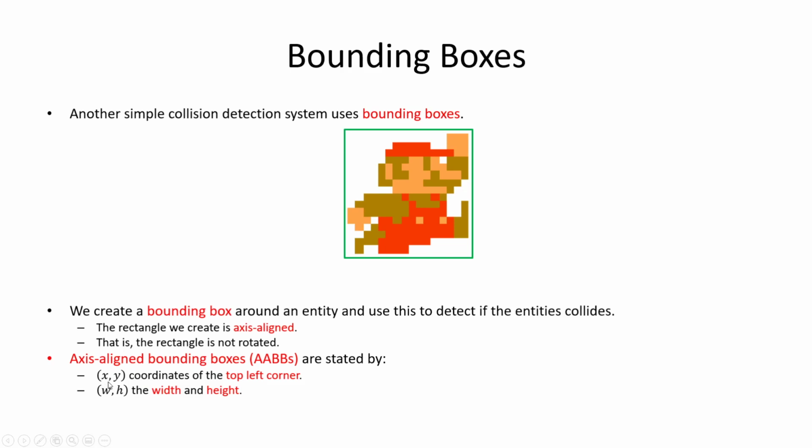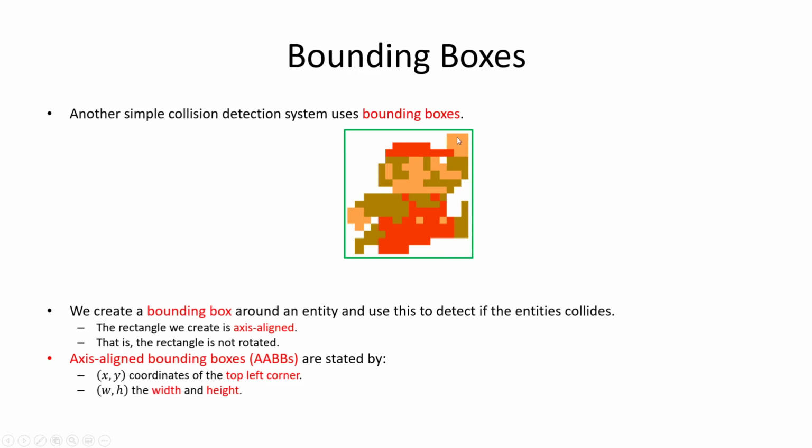We have the X and the Y, that's going to be the top left corner of our bounding box. But then instead of stating the bottom right corner, we actually just state the width and the height. So we could calculate the bottom right corner by doing a sum of both of those, the X plus the width and the Y plus the height.